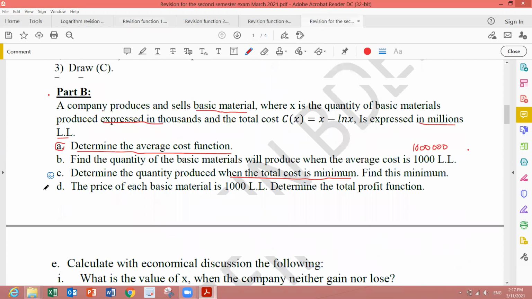Part D. The price of each basic material is 1,000 Lebanese lira. Determine the total profit. How to calculate the profit?